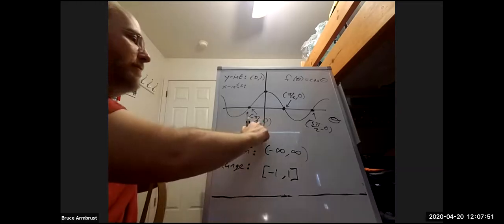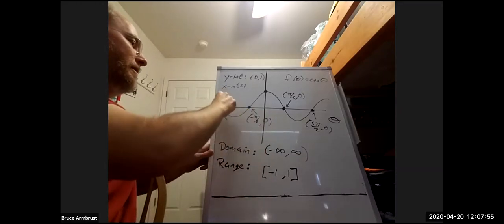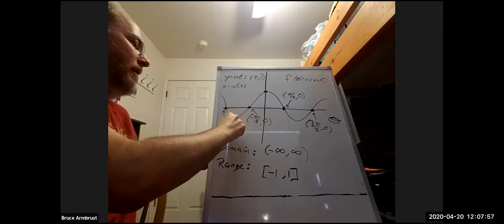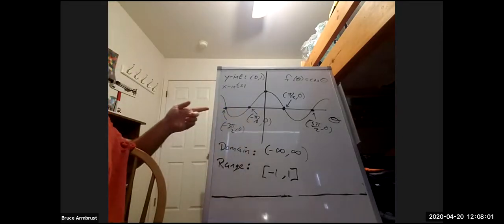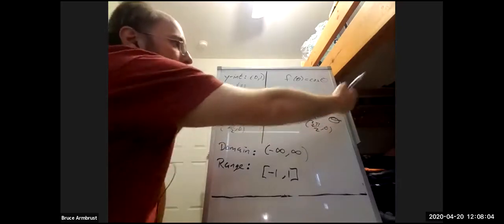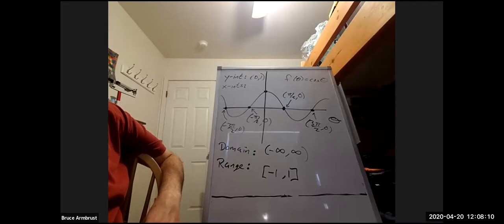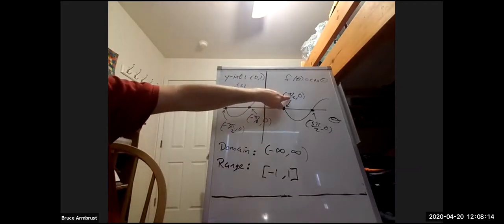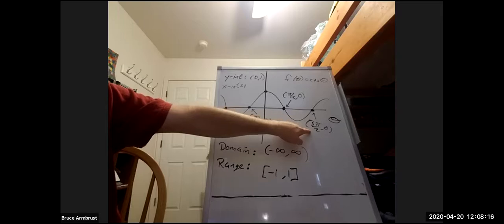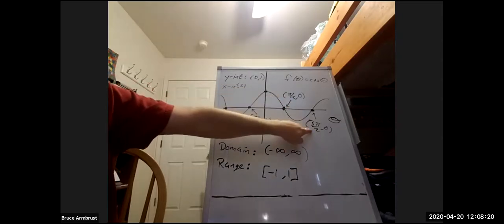So that's going to be -pi/2, 0. This second negative one is going to be -3pi/2, 0. But they just continue. There's going to be another one and another one and another one and forever. But there's a pattern to it. What's the difference between pi/2 and 3pi/2? How much do you have to add to pi/2 to get 3pi/2?